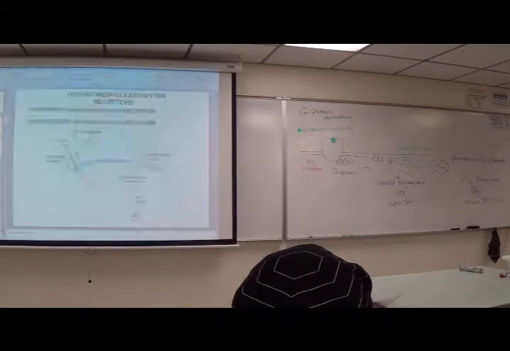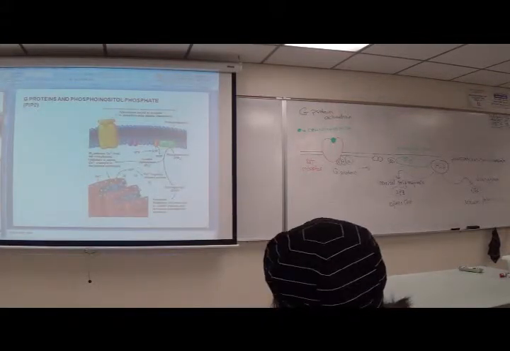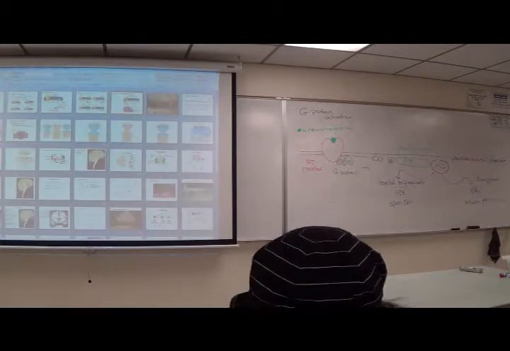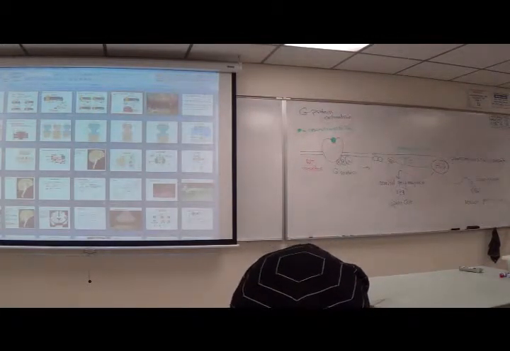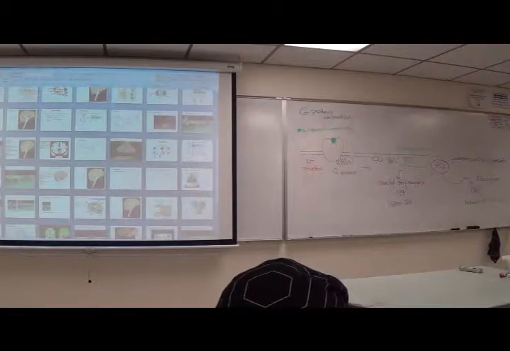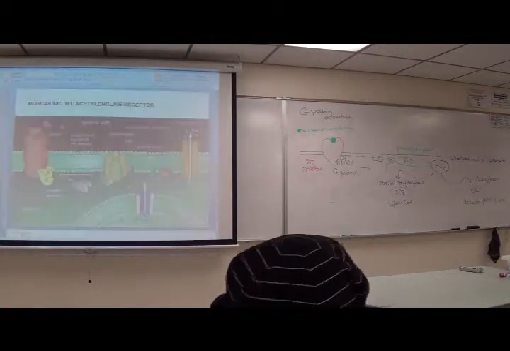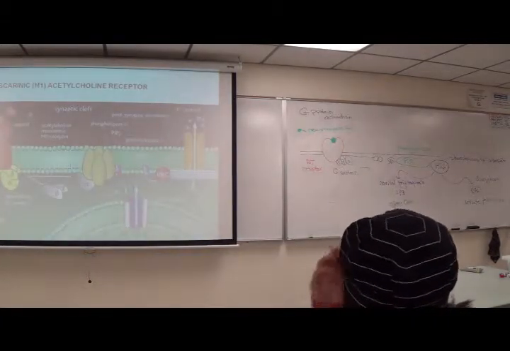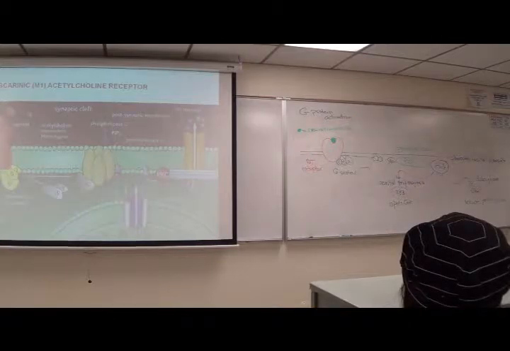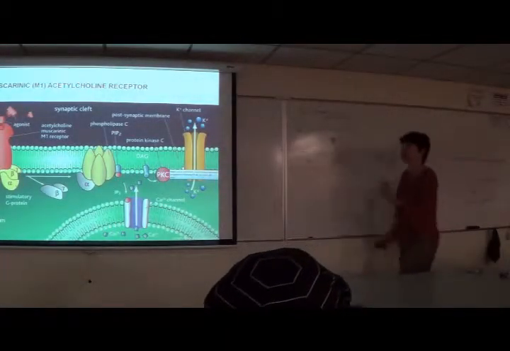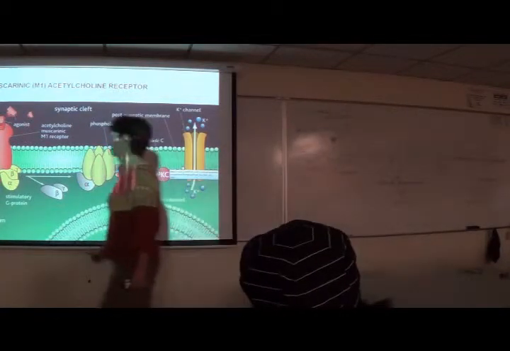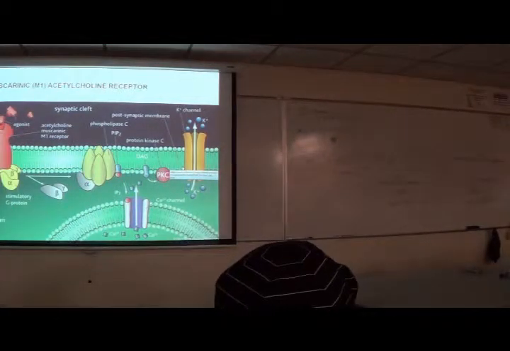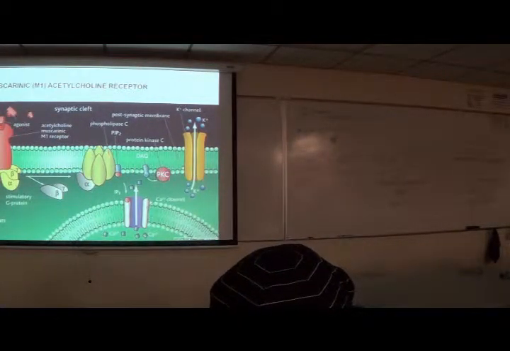Now, just to illustrate, we're going to get to this eventually, but here's acetylcholine. This is a parasympathetic neurotransmitter. So here's the G protein.